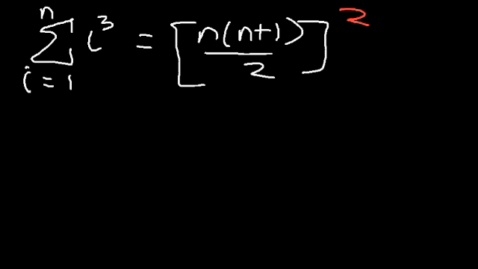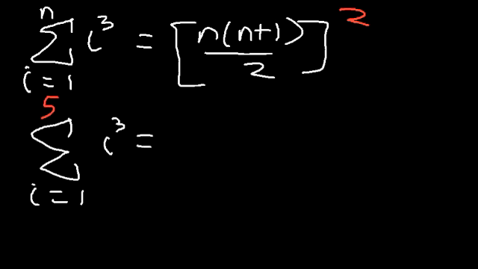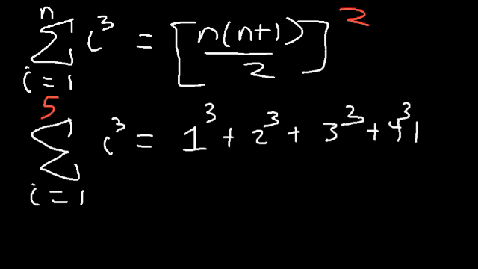Now you might be wondering, okay, what do these equations even mean? So let's say we want to evaluate this expression, i to the third, starting from 1 and stopping at the fifth term. So this is equivalent to 1 to the third plus 2 to the third plus 3 to the third plus 4 to the third plus 5 to the third. So you need to plug in 1 and stop at 5 and then add the sum of each of those terms.